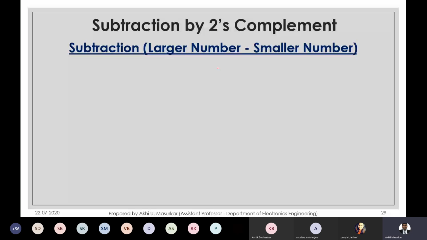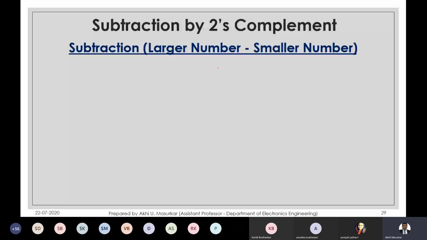Logically you will always subtract larger minus smaller only. But still, many times to address counts which are going below 0, we also look at the other side of the coin.